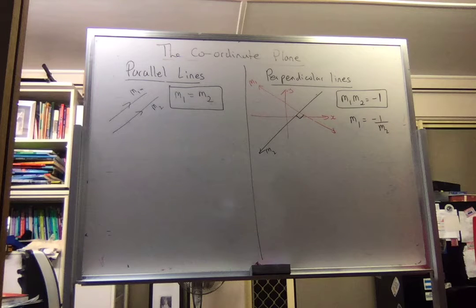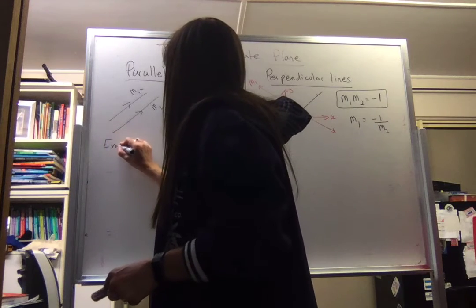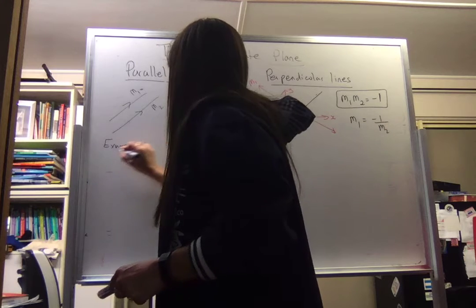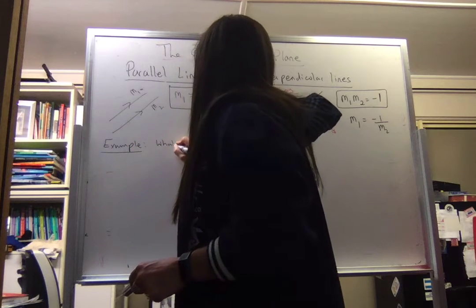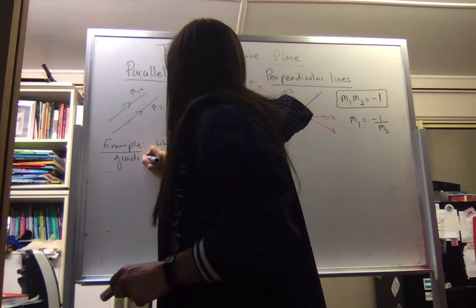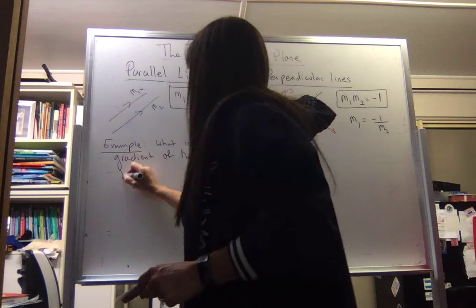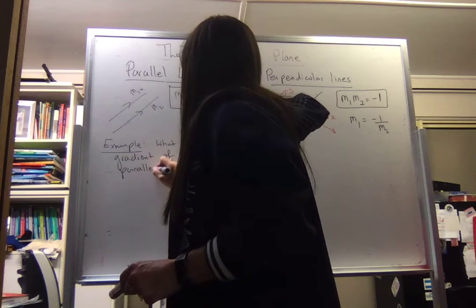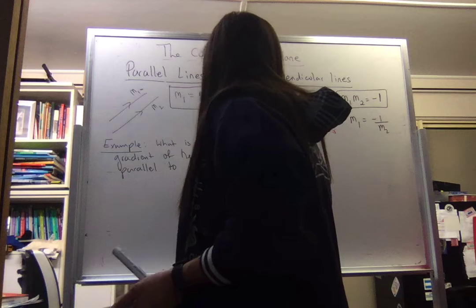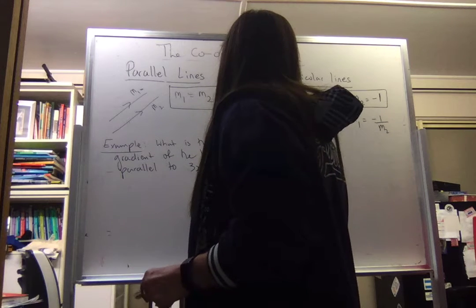Okay, so if I was to look for an example here, what is the gradient of the line parallel to 3x minus 2y plus 6 equals 0?